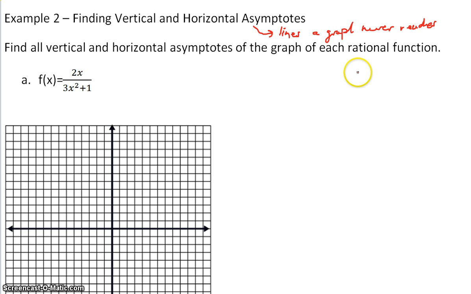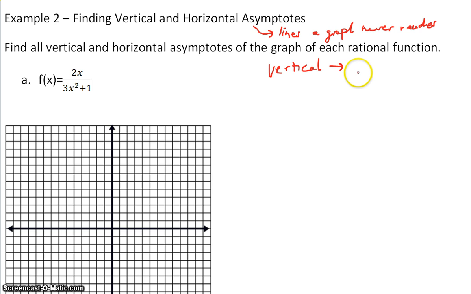And the way that you find those, they can be fairly complicated if you don't know what to do, but to try and simplify it very quickly for you, in terms of vertical asymptotes, you want this to get a value back that doesn't exist.